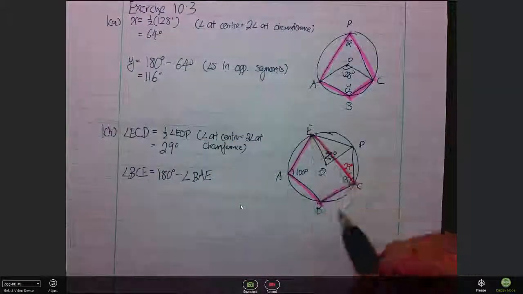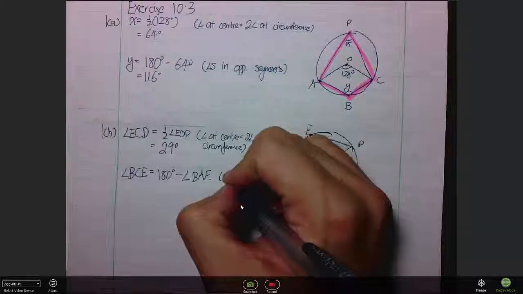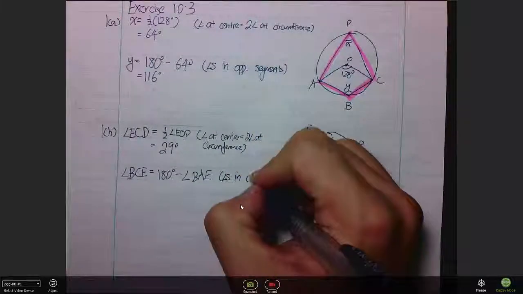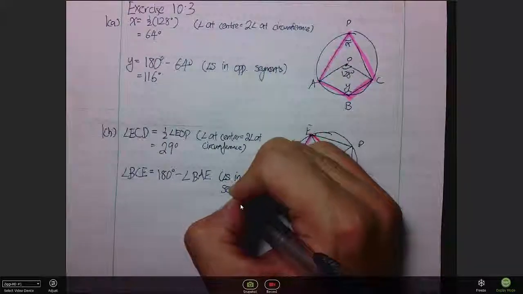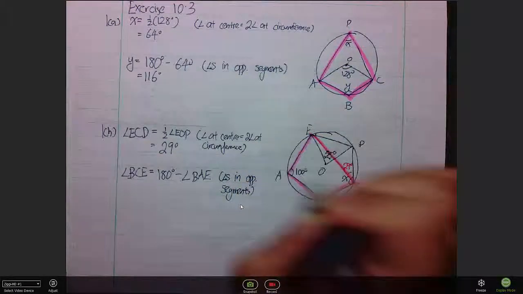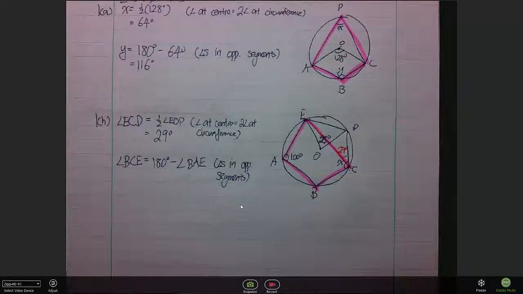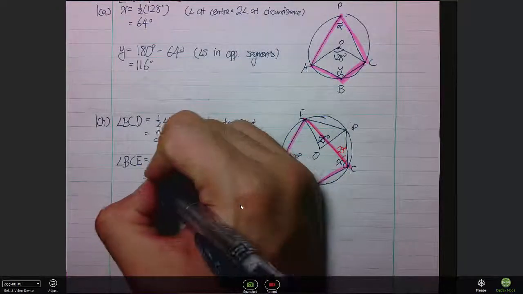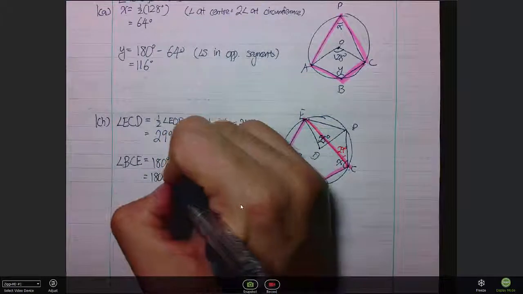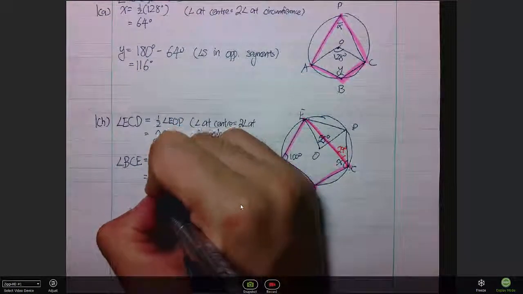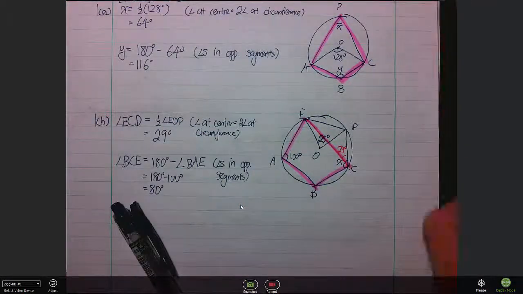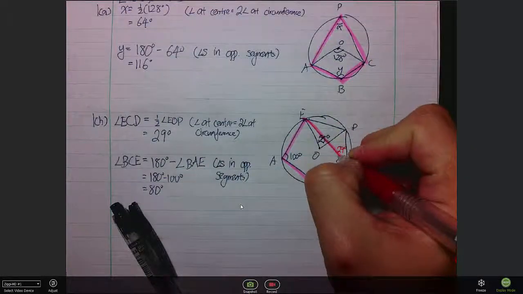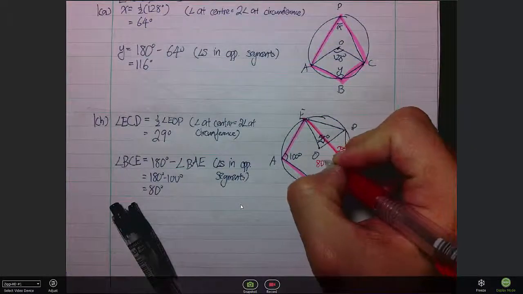Why? Because it's a cyclic quadrilateral, so angles in opposite segments will add up to 180 degrees. So angle BCE will be 180 minus 100 degrees, which gives me 80 degrees. So I label down there, this thing here will be equal to 80 degrees.